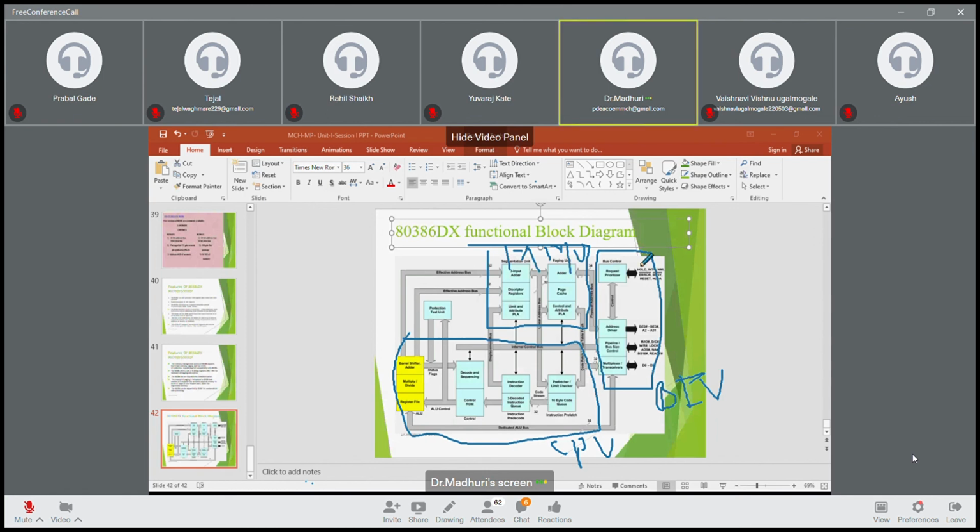These are some pins, and that pin diagram we will see afterwards. Through these pins, it accepts the address, the instruction, the control signals, all the things. That's why it is a bus interface unit.